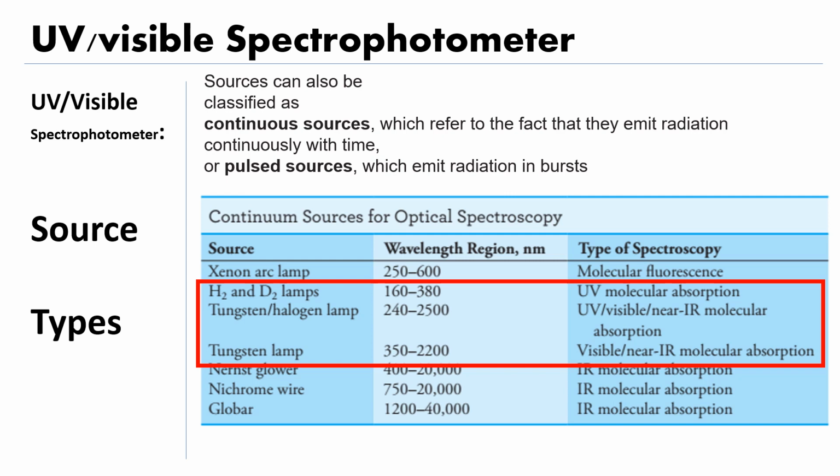A tungsten halogen lamp produces the wavelength region from 240 nanometers to 2500 nanometers, and these are used in UV, visible, near-infrared molecular absorption spectroscopy. A tungsten lamp is also used as a continuum source for optical spectroscopy.